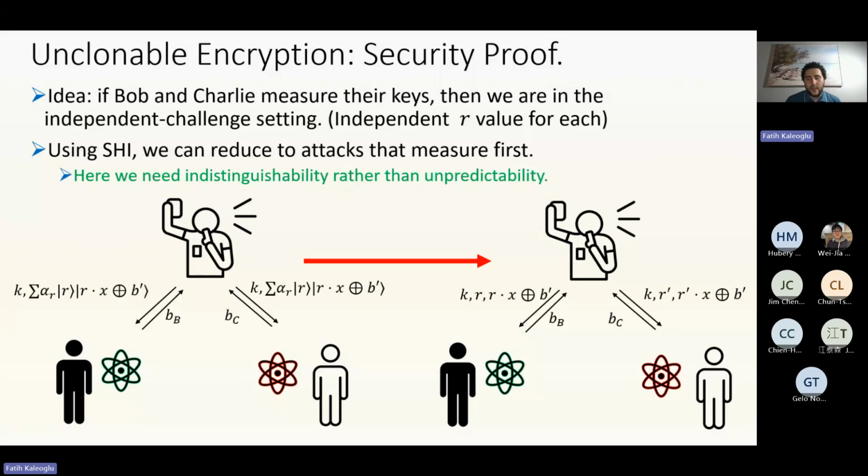And when it's IID Haar states, it's distributed the same as just IID classical strings because it's maximally mixed. So the quantum key versus classical key, they're both the same when they're IID. Right. And because this is a hybrid step, we need the indistinguishability notion of Haar indistinguishability, not the unpredictability notion.